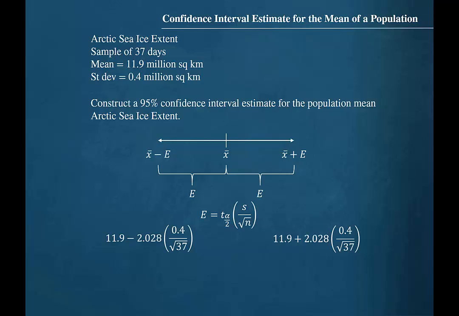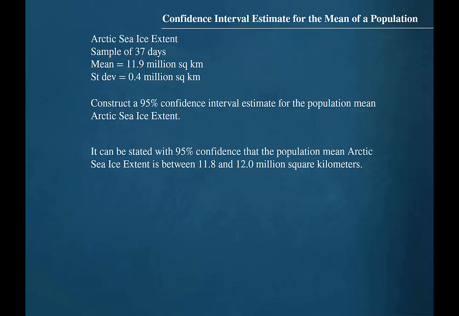So we will calculate the left and right endpoints of our confidence interval by substituting the sample mean, t-value, sample standard deviation, and sample size. The resulting interval endpoints are 11.8 and 12.0. Our interpretation of this interval will be stated as follows.